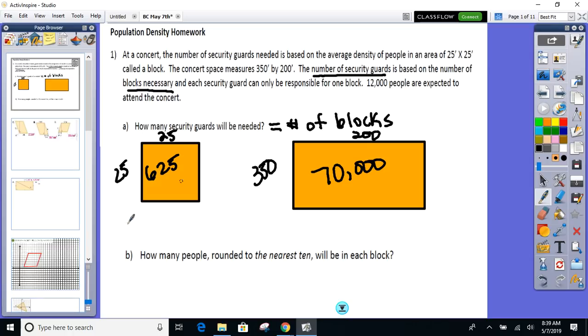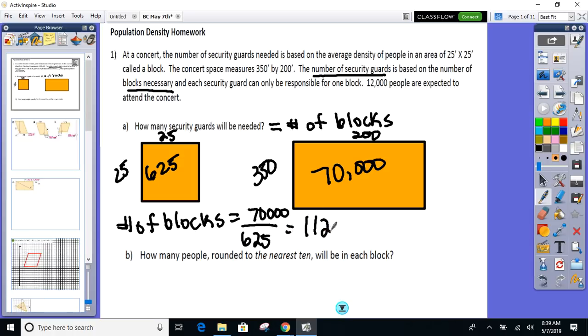I can divide. So number of blocks, which is also equal to the number of guards I'm going to need, is going to be 70,000 divided by 625, 112 blocks. Or in this case, 112 guards. Okay? Everyone good?